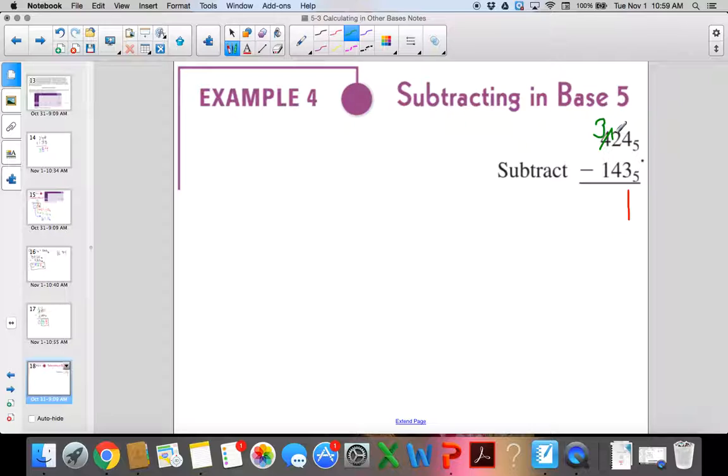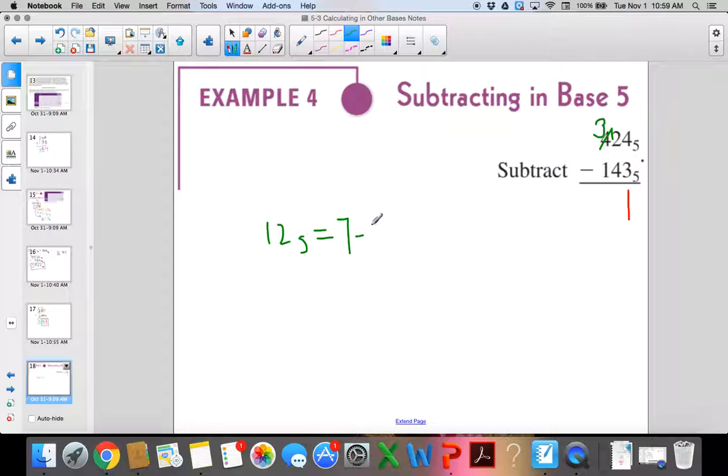But this is not 12 minus 4 is 8. This is 1, 2 in base 5, which in our decimal system we use every day, 5 plus 2 is 7, and you're subtracting 4 from that.